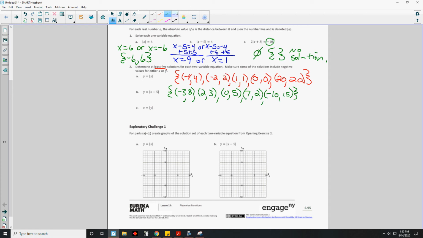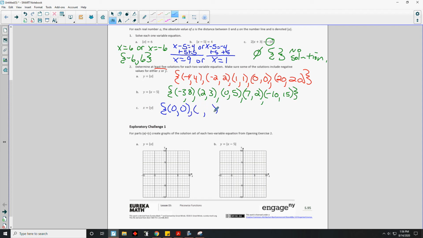Okay, now x can't be negative. Remember, absolute values cannot equal a negative number, so x has to be a positive number. I cannot plug in any values where x is negative. So I will start with 0, and the absolute value, now we're, time out. Let's substitute in for our y, not our x. So let's make y 0, I'm sorry. The absolute value of 0 is 0.